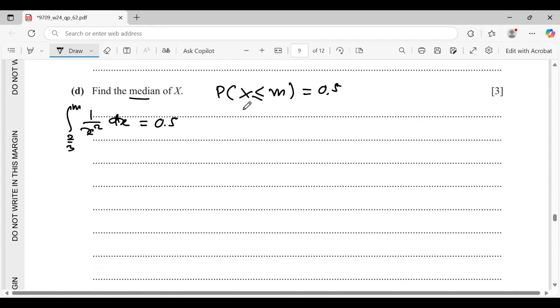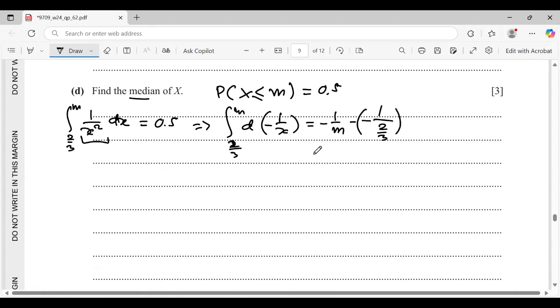The integral of these expressions is minus 1 over x. So it's going to be minus 1 over m minus 1 over 2/3, which becomes minus 1 over m plus 3/2. So I'm going to write it here, 3/2 minus 1 over m.